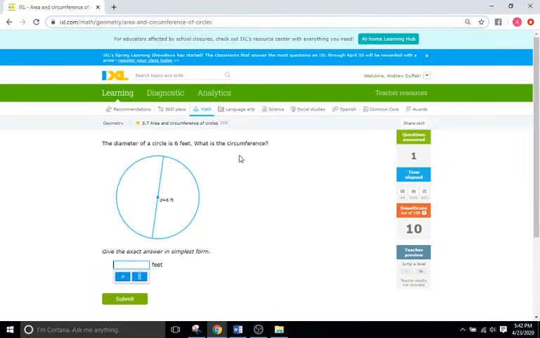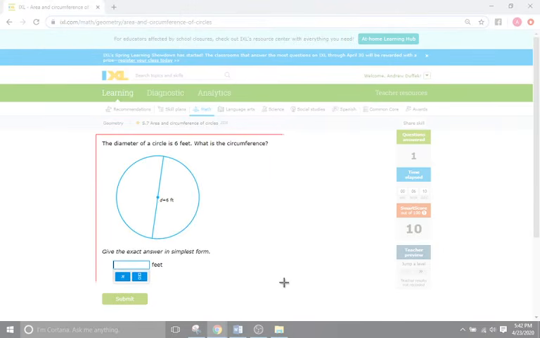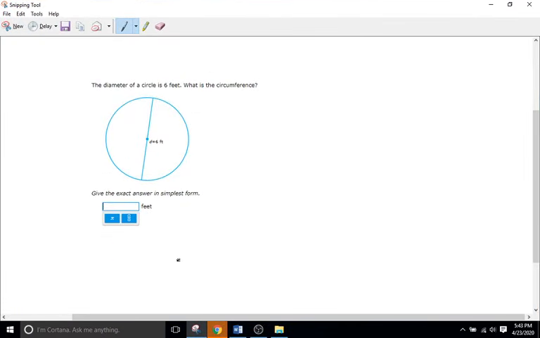Next problem. Now this one is asking for circumference. So the diameter of a circle is 6 feet. What is the circumference? So now I'll go over the circumference formula real quick. And in a lot of ways, it's kind of an easier one to remember. So the circumference formula, there's two ways you can write it.